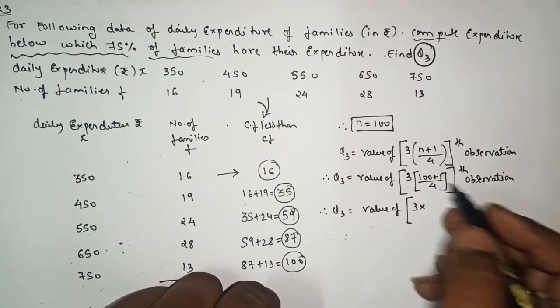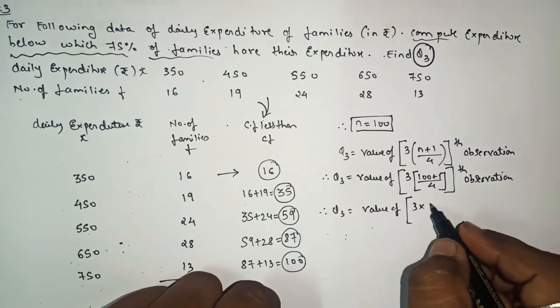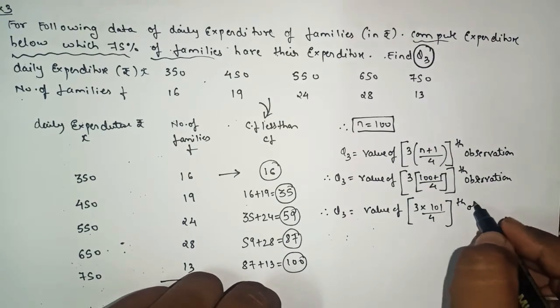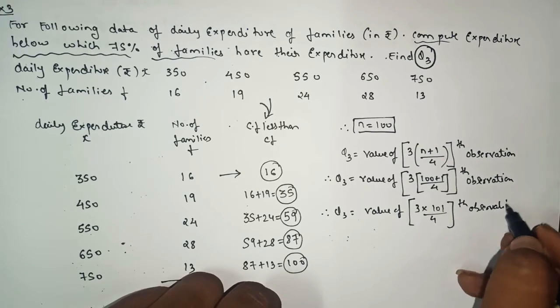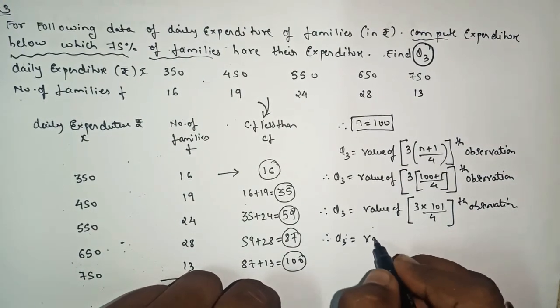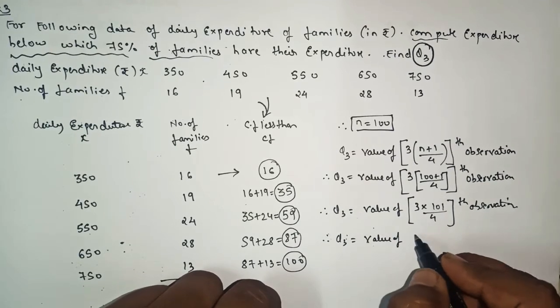So this part will be 100 plus 1, 101. Yes or no? Divided by 4 observation. Yes or no? So therefore Q3 equals value of, so this will be what?